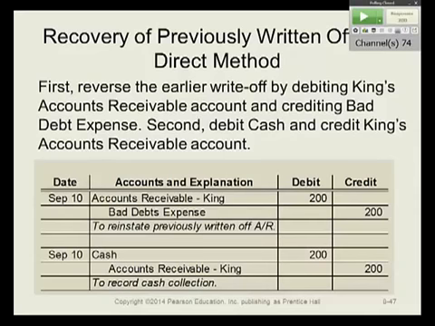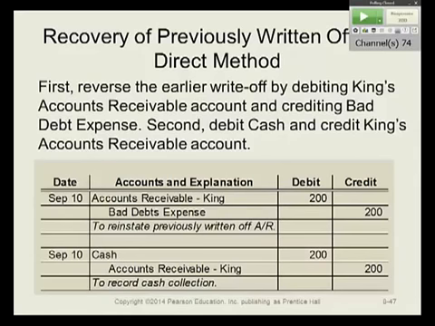It is mismatching. So this bad debt could happen a year later or in the next month. So if you're preparing financial statements for August, you had August sales that were higher because of credit, but this bad debt is only recorded in September. So the expense is not in the proper period that the revenues were earned.